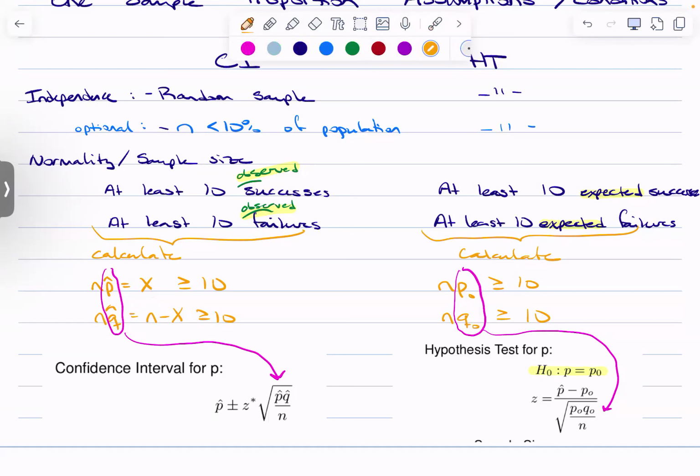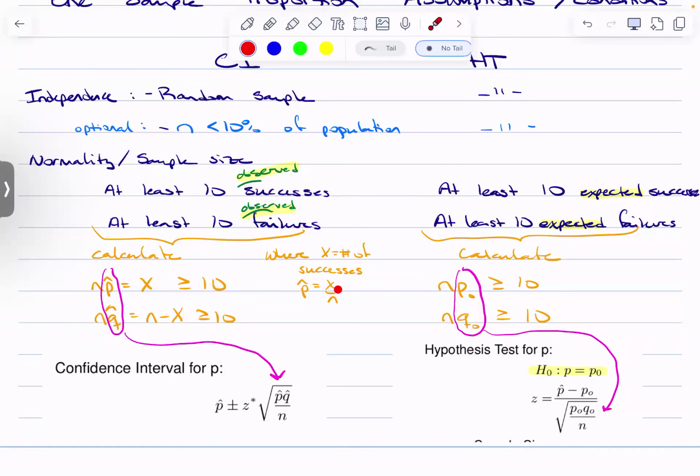I'll say it here, where X is the number of successes, right? And p hat is X over n. So you couldn't just do n times p greater than? You can. Okay. I just wanted to show.